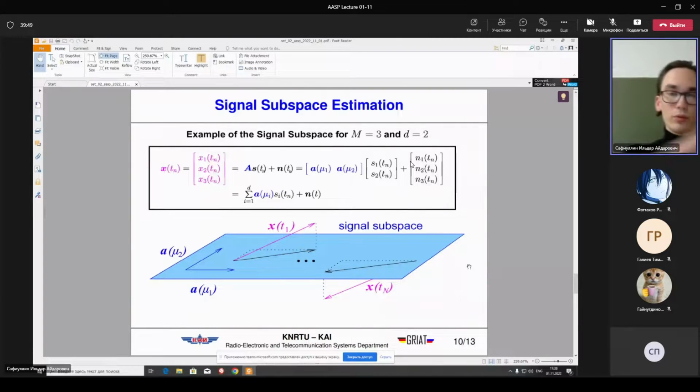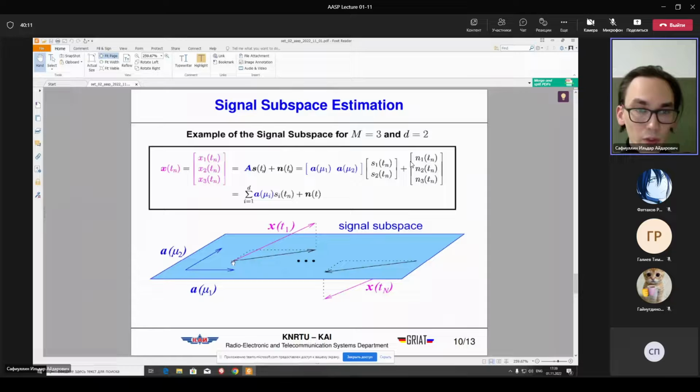And if we look at the signal subspace, which is this A with mu2 and A with mu1, so this one for X and this one for Y, we will have, of course, this plane or subspace.